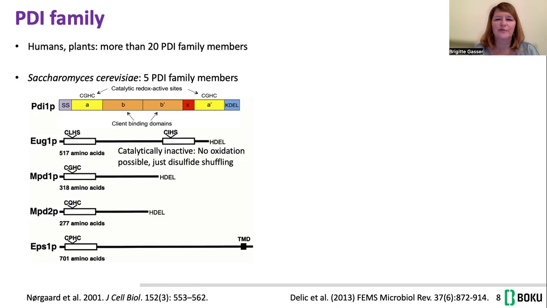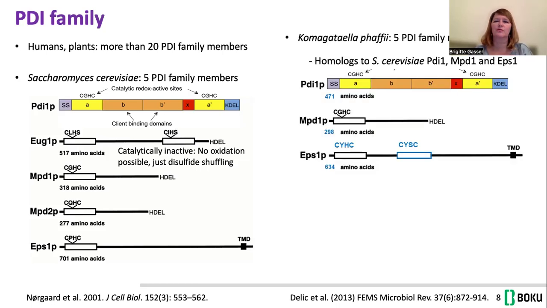When we looked at the genome of Pichia, we saw that there are also 5 family members. There are homologs to cerevisiae PDI, MPD, and EPS. But in addition, there are 2 more family members that are yet uncharacterized.